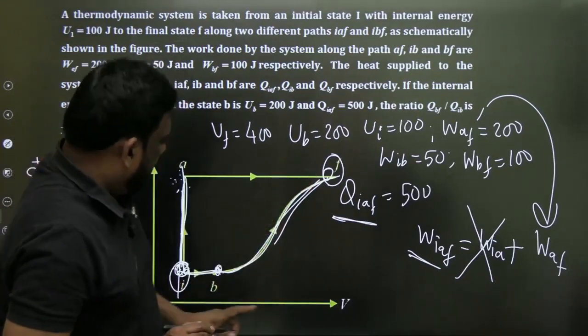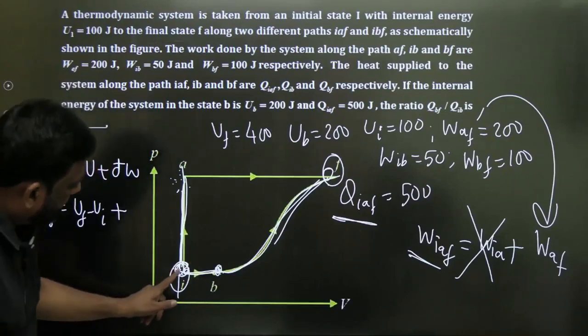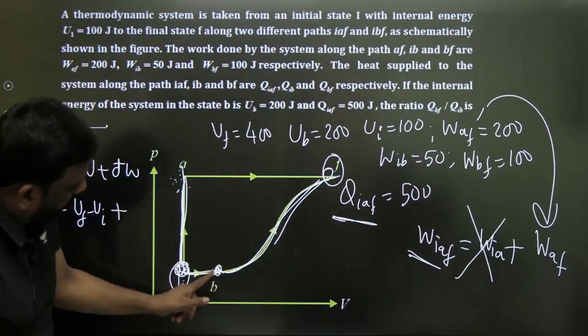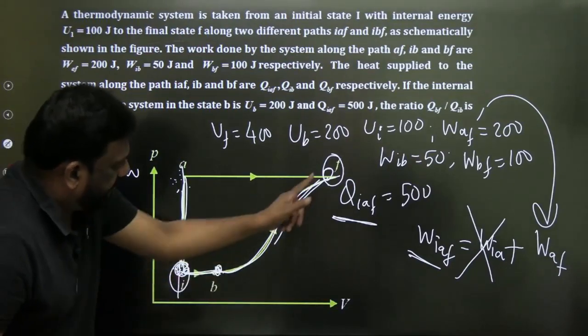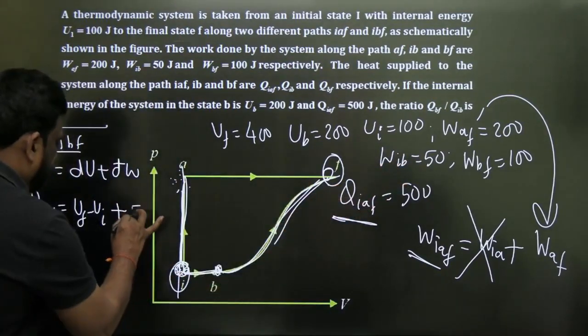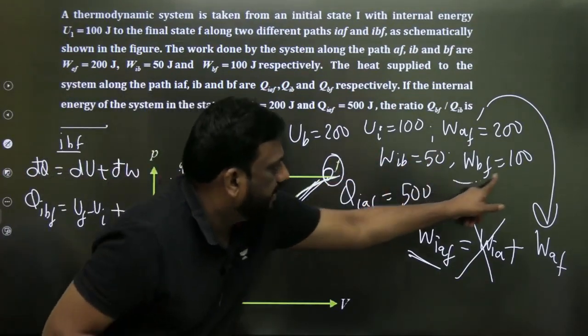Work is a path function, so work in IBF will be work in IB plus work in BF. IB is 50 and BF is given as 100.